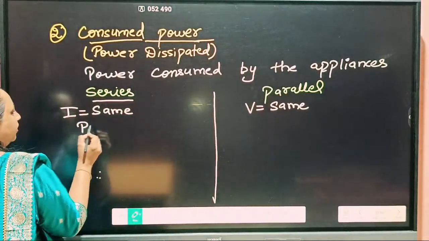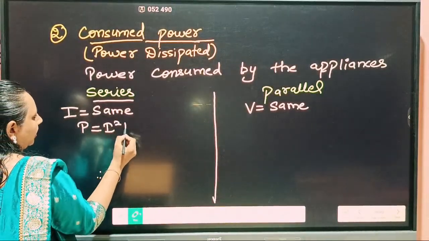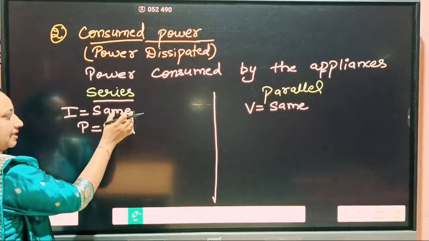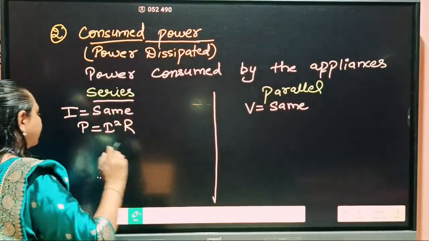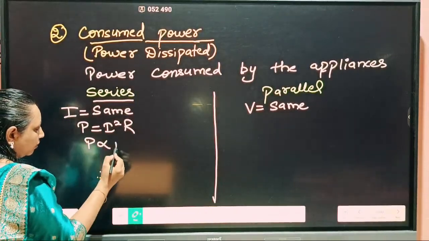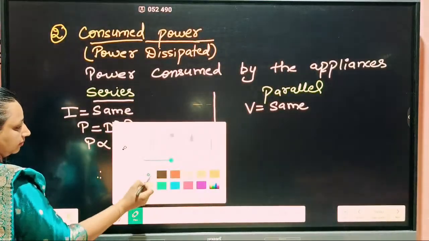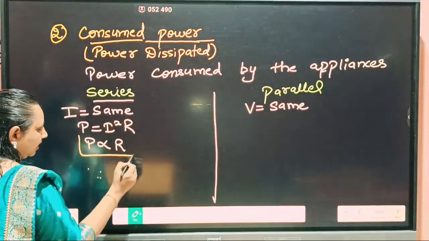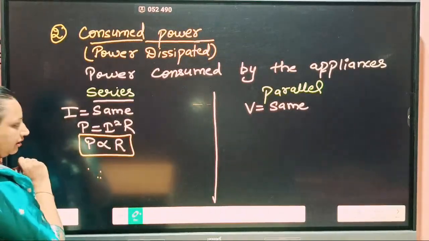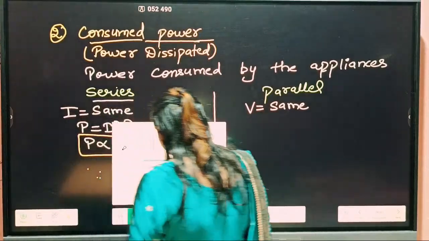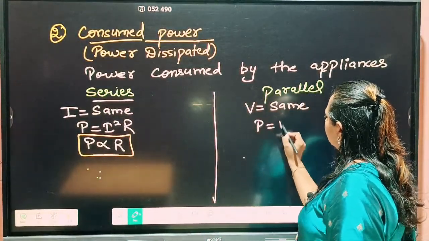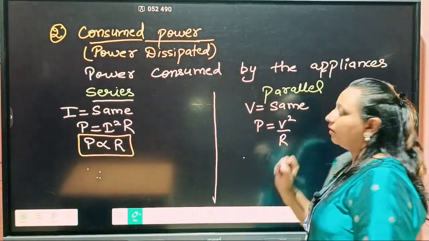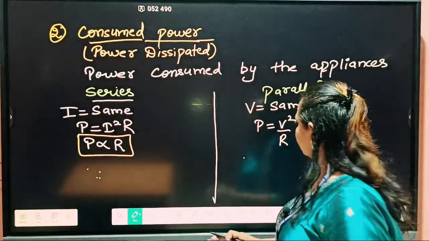So here we use the formula I squared R, as current remains the same through each electrical appliance. So P is directly proportional to R here. Similarly, in parallel, we use the formula V squared by R. Why can we use only this formula?